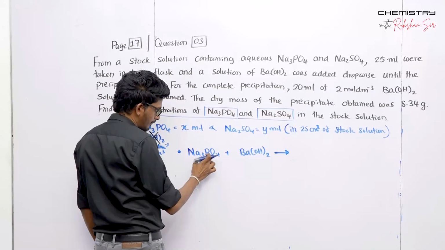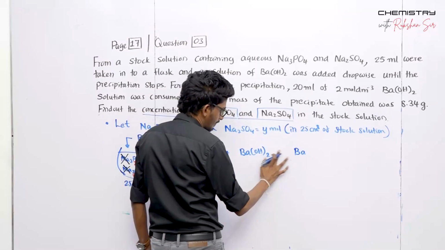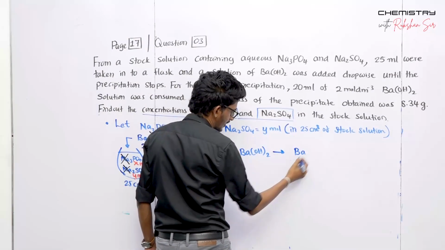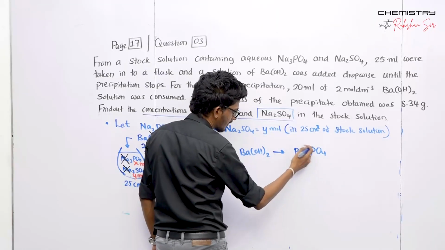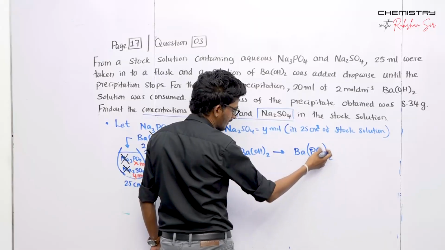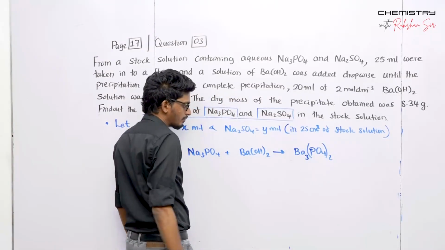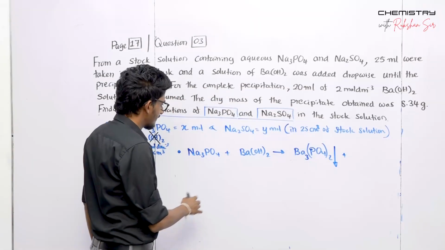Sodium hydroxide and barium phosphate, the precipitate. So how to write the chemical formula of barium phosphate? Barium 2 plus, and the valency comes with the phosphate ion, PO4 3 minus. That valency comes with the barium ion. This is the precipitate.